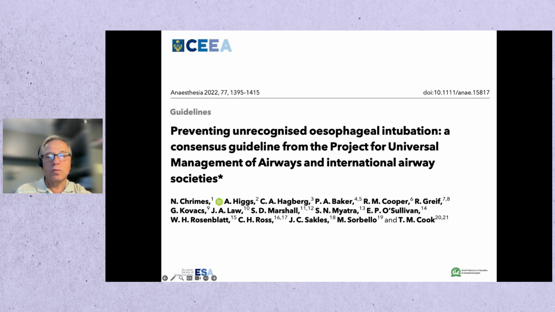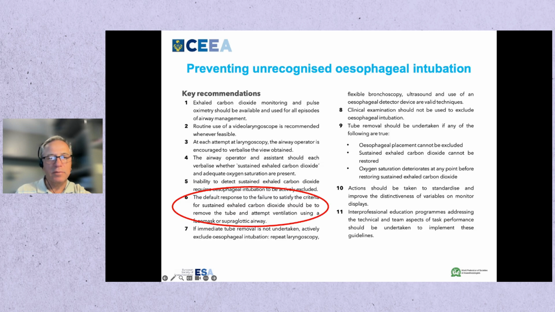In 2022, PUMA, Project for Universal Management of Airways, released these guidelines for preventing unrecognized esophageal intubation, together with a few international airway societies from Australia, UK, USA, New Zealand, Switzerland, India, Ireland, South Africa, and Italy.